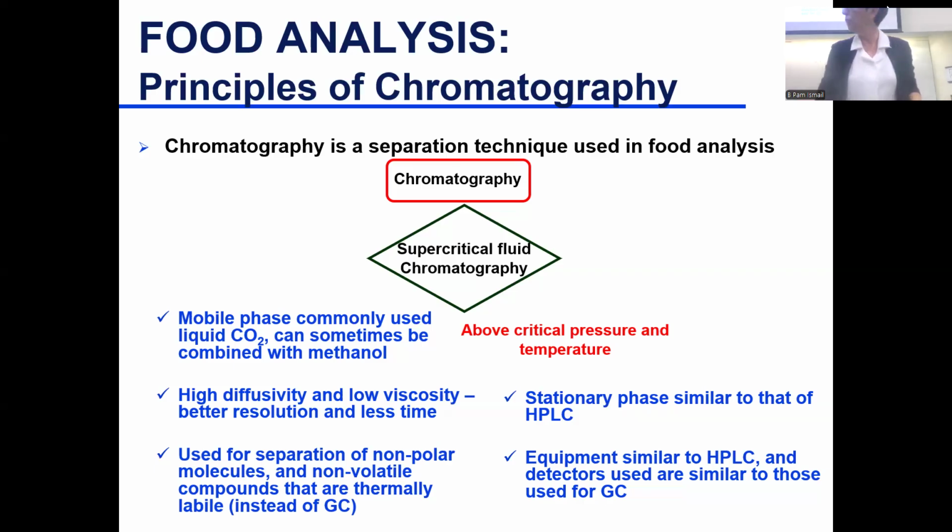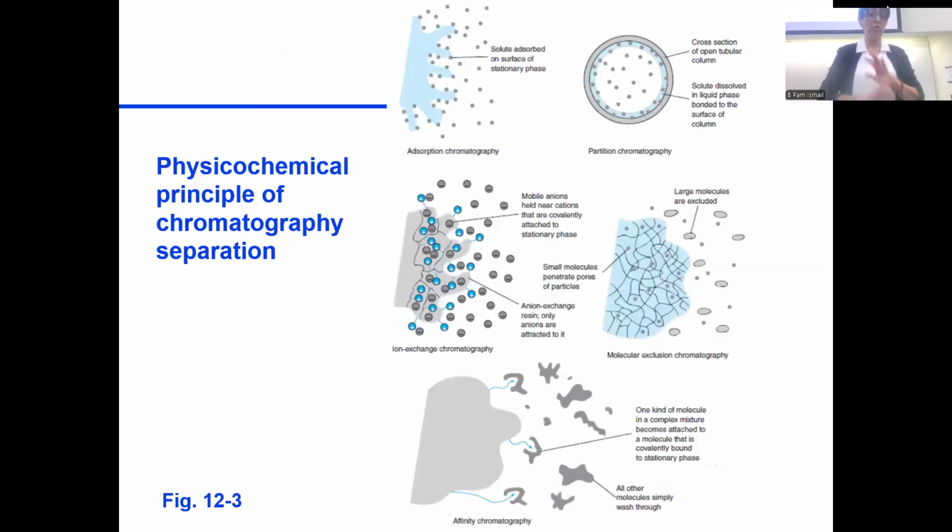Now I have a few minutes to just introduce this, and we'll talk about it in more detail on Wednesday. So now I want to talk about mode of separation. We talked about type of chromatography: HPLC, GC, supercritical. Now I want to talk about mode of separation, which is the physical-chemical principle of chromatographic separation.